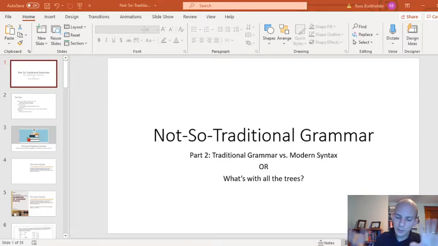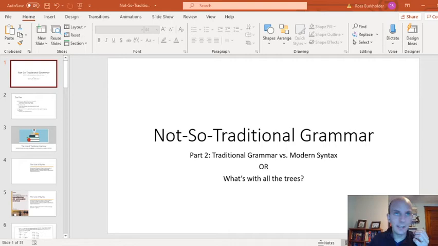Today we're going to shrink that scope a little bit. And because traditional grammar deals largely with what we term syntax within linguistics, we're going to make that the comparison instead today and compare traditional grammar with modern syntax, which is honestly a better comparison. I wanted to hit the previous point in the previous lecture because it uses the same term grammar.